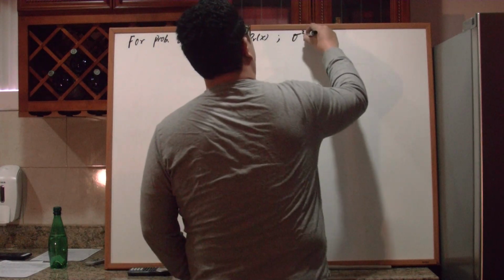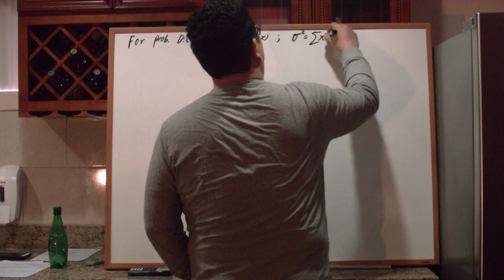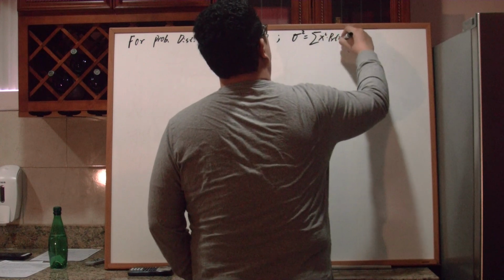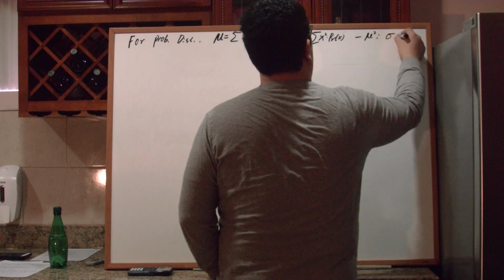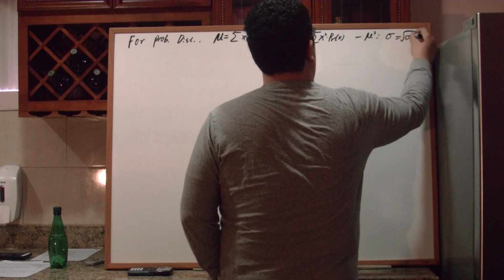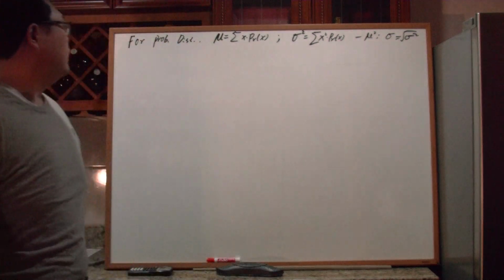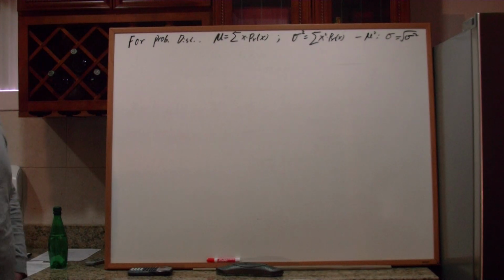Right, the variance will be the sum of x squared times probability minus the square of the mean, and the standard deviation will be the square root of the variance. Right, that's for every probability distribution.